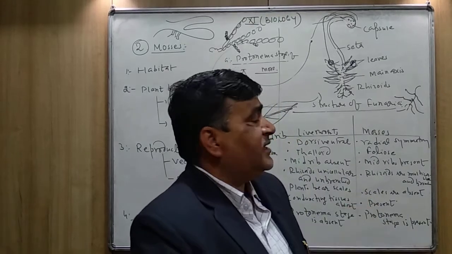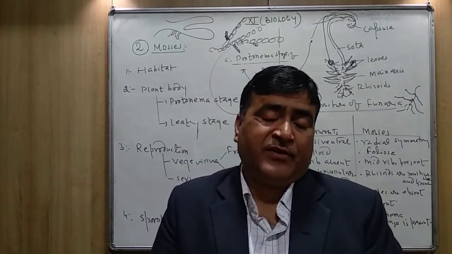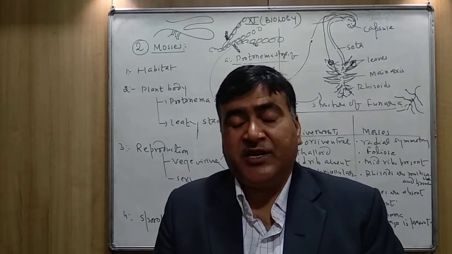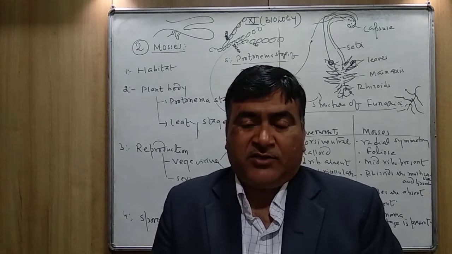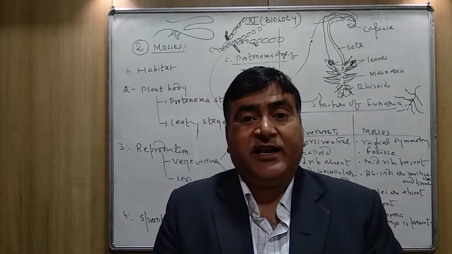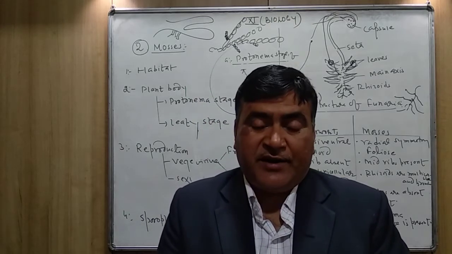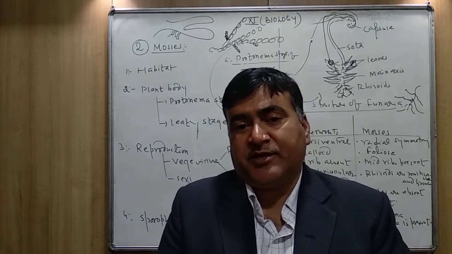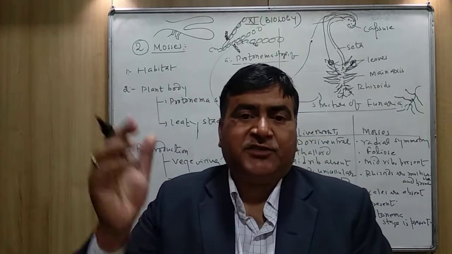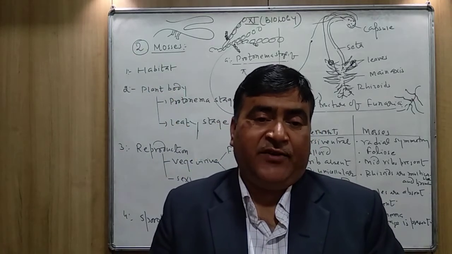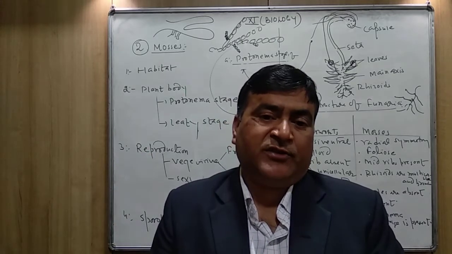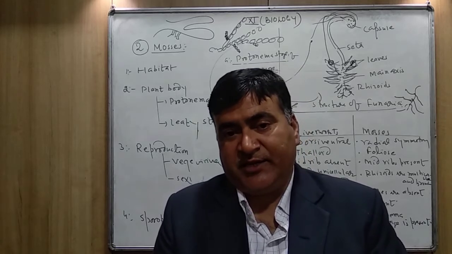But in mosses, because they are slightly more advanced than liverworts, the conducting tissues are present. But in mosses they are not differentiated into xylem and phloem like the angiospermic plant. Still, some tissues are present, and they are responsible for the conduction of water and minerals from downwards to upward, and also transport food materials from one place to another.